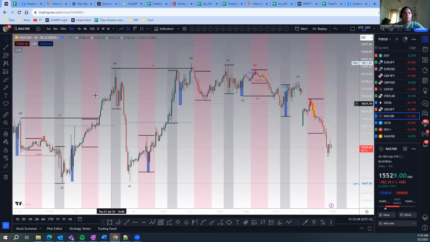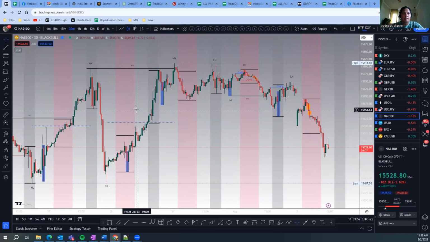So here, the pink colored columns are the Asian session, and I just extended the Asian session until, by the way, I'm using Central European time. So every time I tell you a time, it is Central European time.